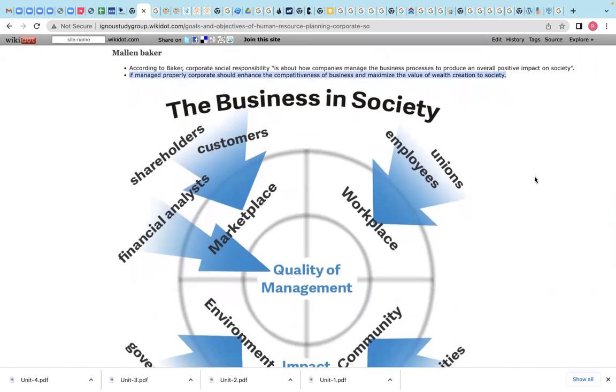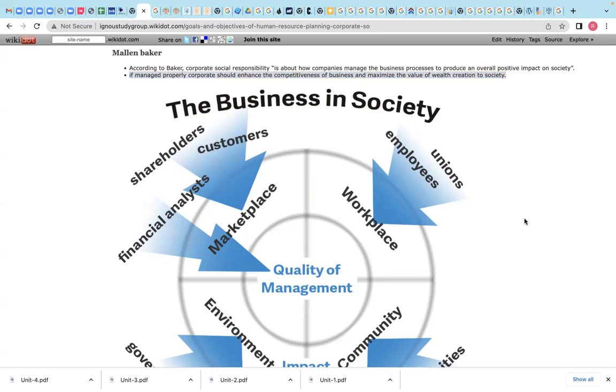So first thing, his view of corporate social responsibility is that it is all about how companies are managing their business to produce an overall positive impact on the society. So that means if organizations are able to manage their businesses in the right way, then they could actually have an overall positive impact on the society. So, if it is managed properly, the competitiveness of the business and the maximizing of the wealth of the society, all those aspects would improve.